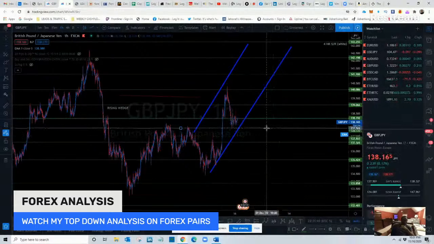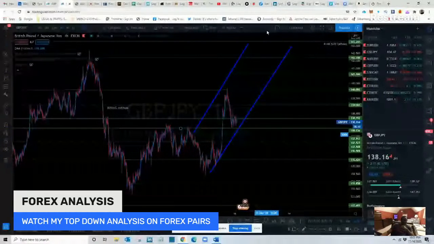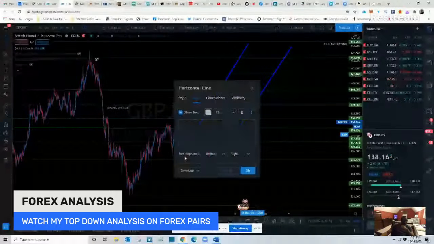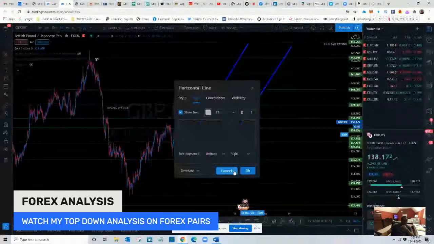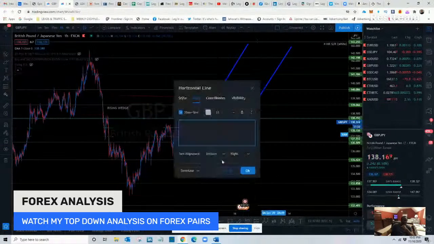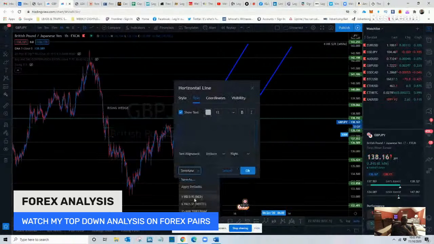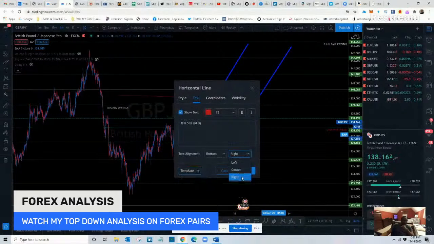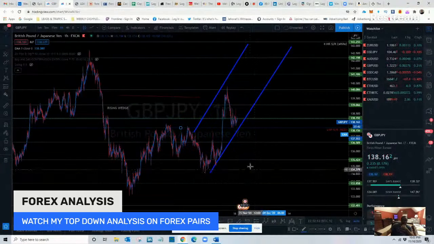This lets me know that this is a 1 hour trend line, horizontal line, excuse me. I thought I clicked on it. Okay, there we go. So this is 1 hour, just to tighten it up.